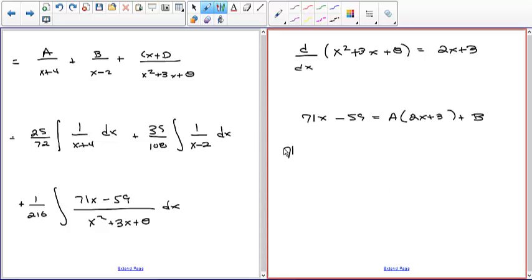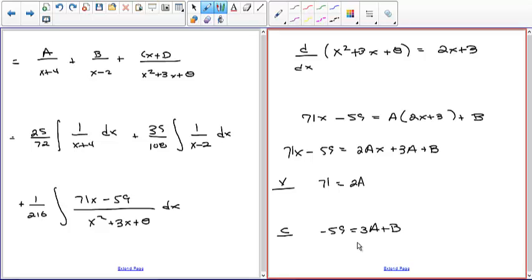So you get 71x minus 59 is equal to 2ax plus 3a plus b. And just like we've done previously, we're going to break it up into the x parts. So you get 71 is equal to 2a, and negative 59 is equal to 3a plus b. So I've set the coefficients associated with the x terms equal to each other. So you get a is 71 over 2.